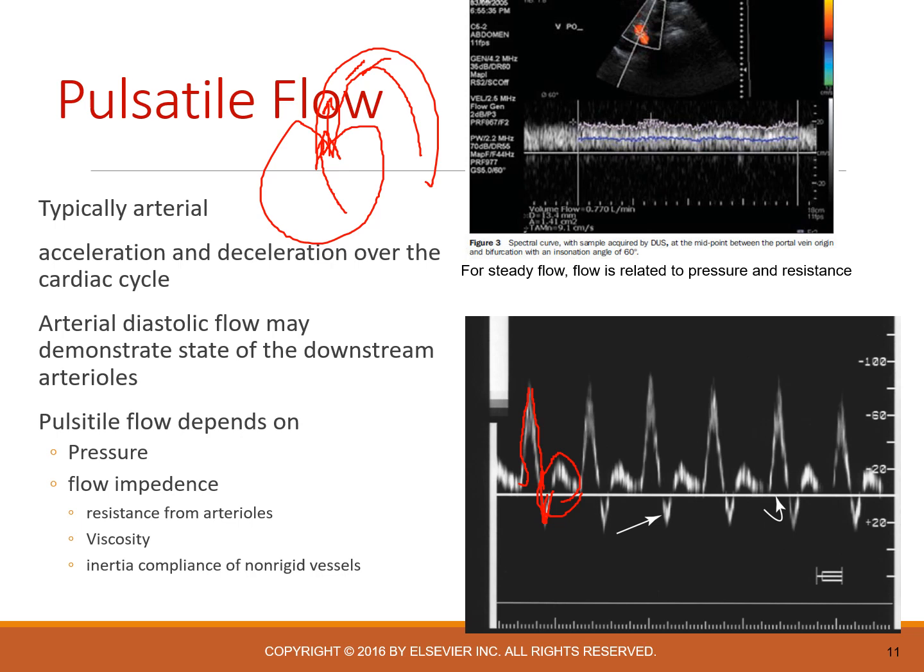So that's what we're looking at here in the pulsatility of an arterial flow. This would be your systole, this would be your early diastole, and this would be your late diastole. We're always going to be looking at those three components in order to predict what the blood flow is doing.